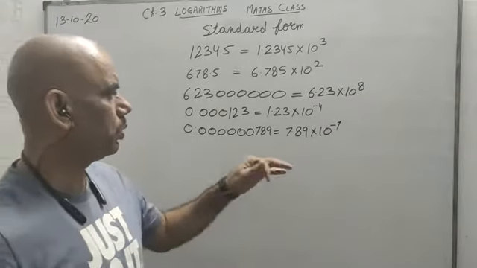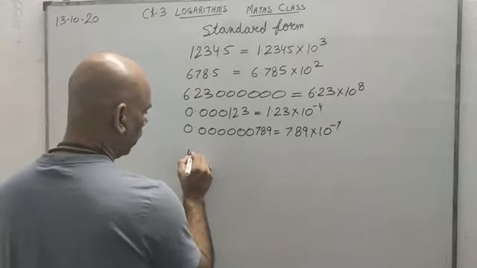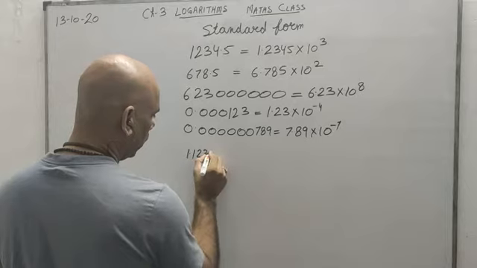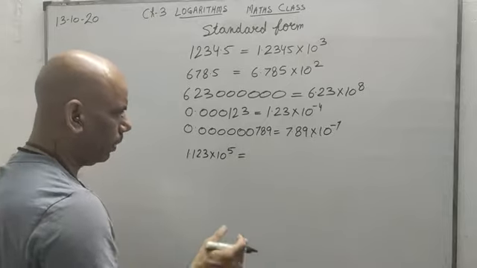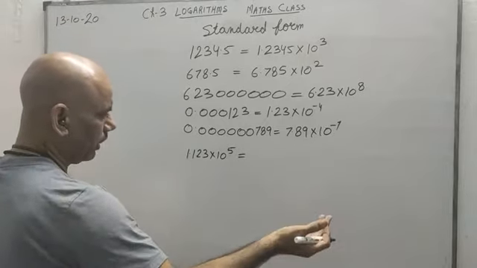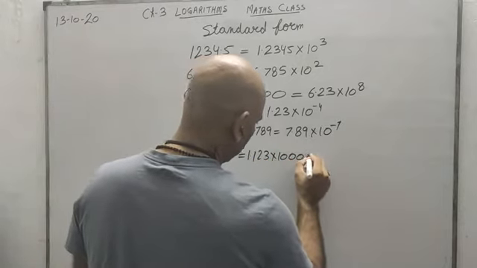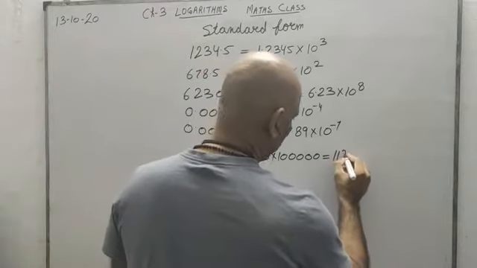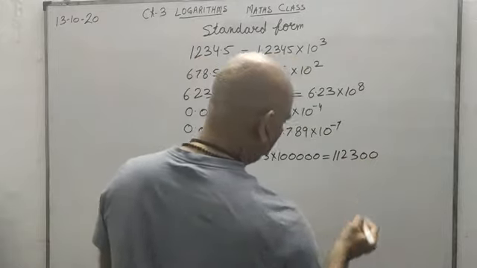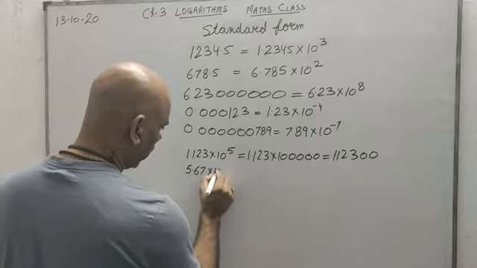Sometimes you may be asked to write a number from the standard form. So if we are having 1.123 into 10 to the power 5, in normal form the decimal will be shifted to the right side. 10 to the power 5 means the decimal will be shifted 5 places: 112300. Similarly, have a look one more time: 5.67 into 10 to the power 3.